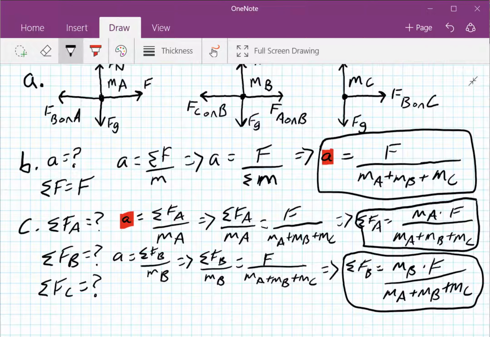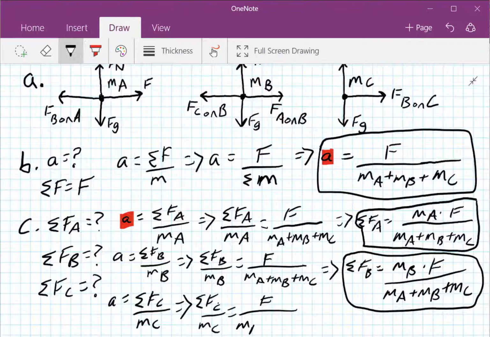Then we can go on to the sum of the forces acting on C divided by MC. So you have the sum of the forces on mass C divided by mass C will equal the force divided by mass A plus mass B plus mass C. I'm going to scroll down a bit.